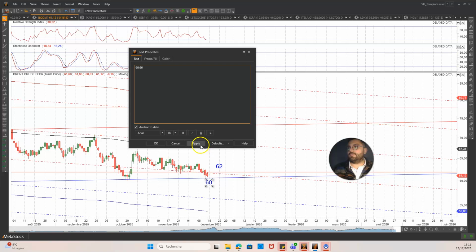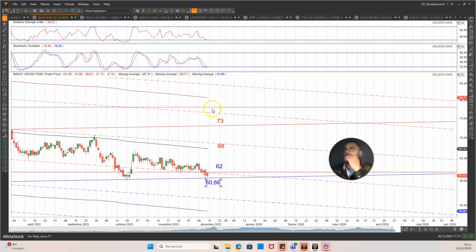And in parallel, we have both the relative strength index and the stochastic oscillator indicating the oversold condition. I would say that it is an interesting moment to buy some Brent crude contracts here.